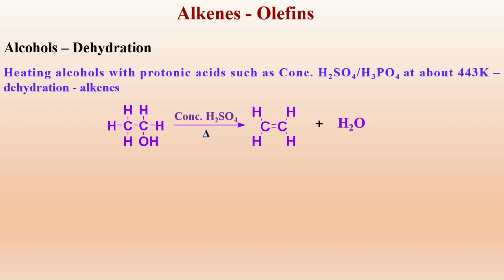There are four methods of preparation: reduction of alkynes by using a partially deactivated catalyst like Lindlar's catalyst or by Birch reduction; elimination of alkyl halides, that is dehydrohalogenation of alkyl halides; the third method is dehydration of alcohols; and the fourth method is dehalogenation of vicinal dihalides.